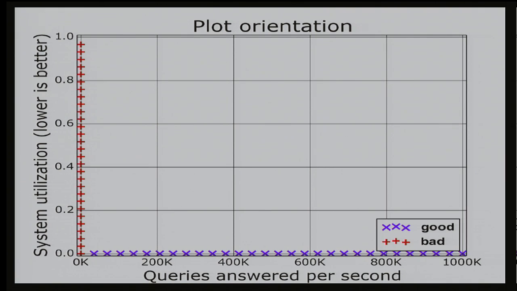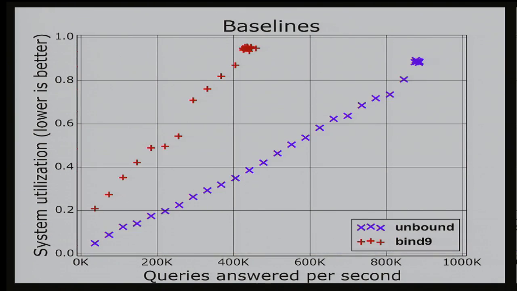And then system utilization ranges from 0 to 1, 1 meaning that all of the cores in the system are being occupied, 0 means obviously the system is completely idle. So your completely good hypothetical server consumes absolutely no CPU and answers every single query. And then your very bad server answers no queries and consumes all of your CPU. So that's the way these plots are oriented.